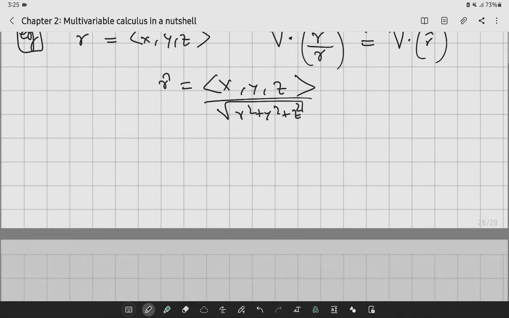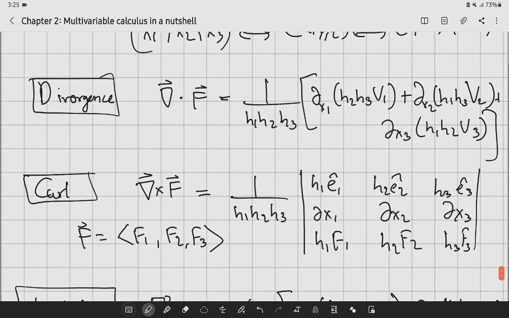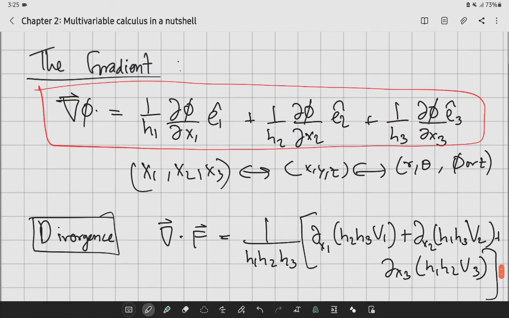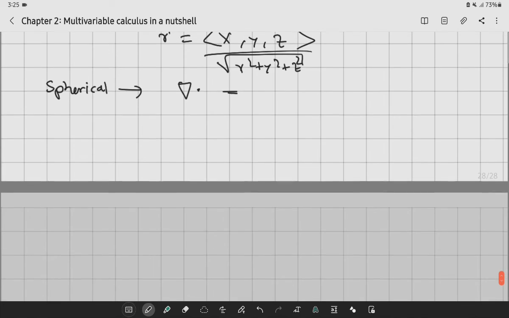Now we'll do it using the scale factor thing. So I'll use spherical coordinates. So what is the divergence in spherical coordinates? Let me just look it up. I'll have 1 over r. Anyway, it's a long thing.